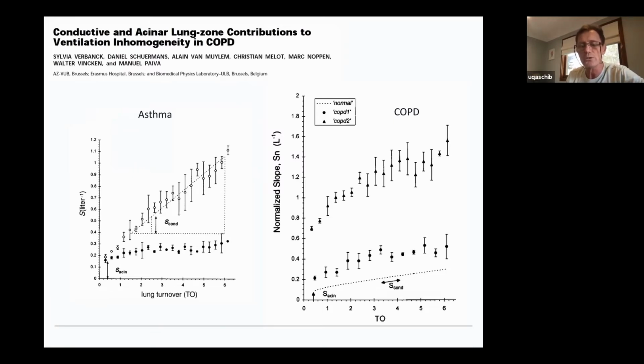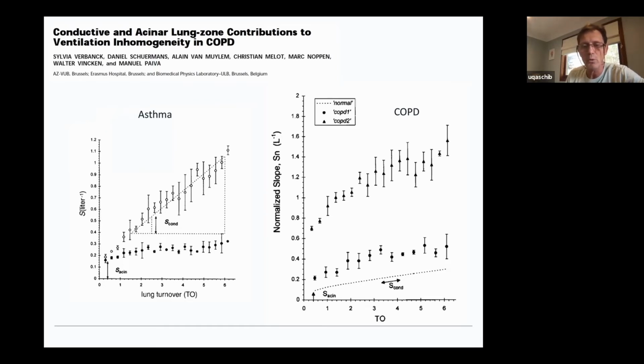And now look on to the right side, there are two different scenarios of COPD-1 and COPD-2. So COPD-1 is with lesser airway issues, and COPD-2 is a combination of airway and acinar space issues.